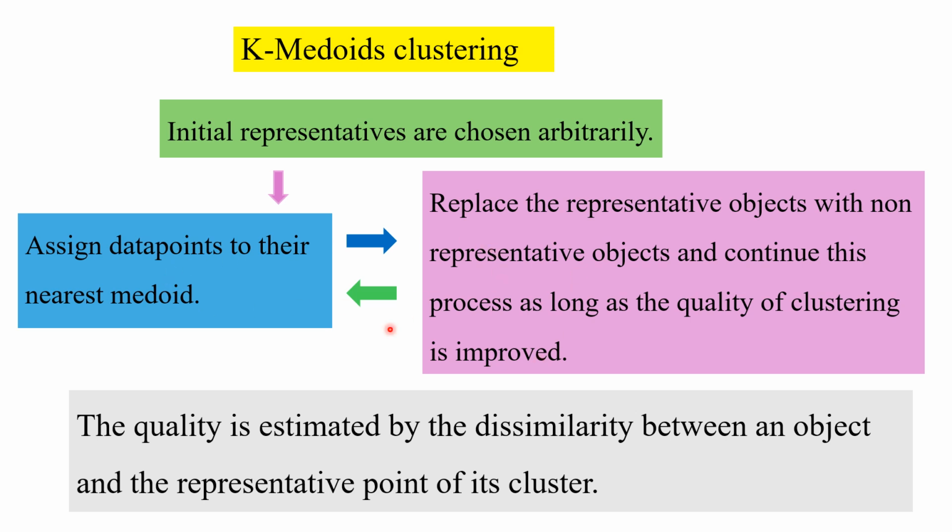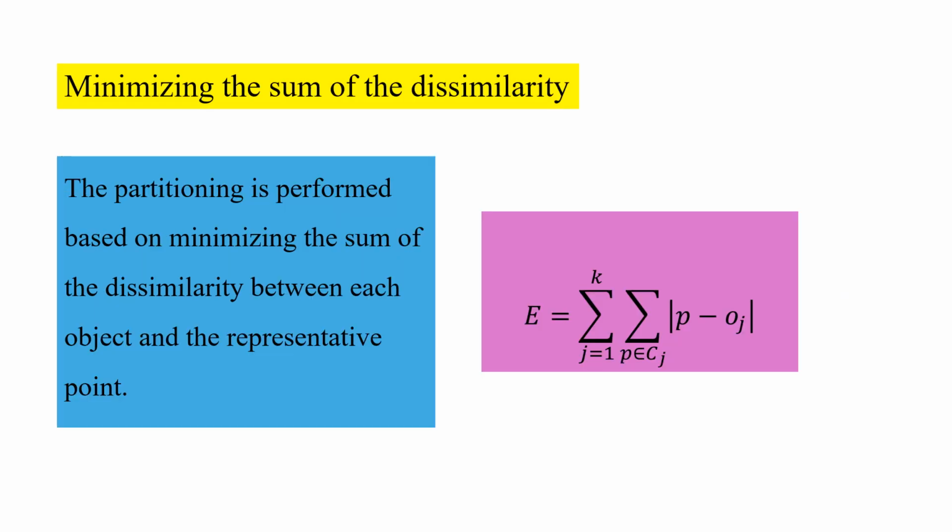The quality is estimated by the dissimilarity between an object and the representative point, so the distance between the object and the representative point of its cluster.